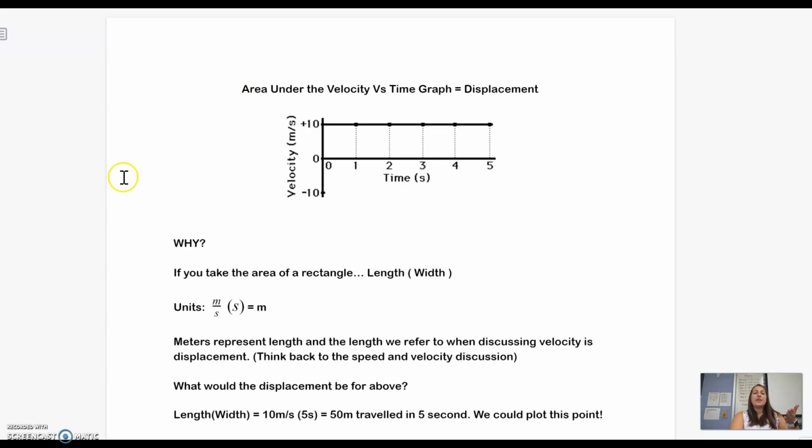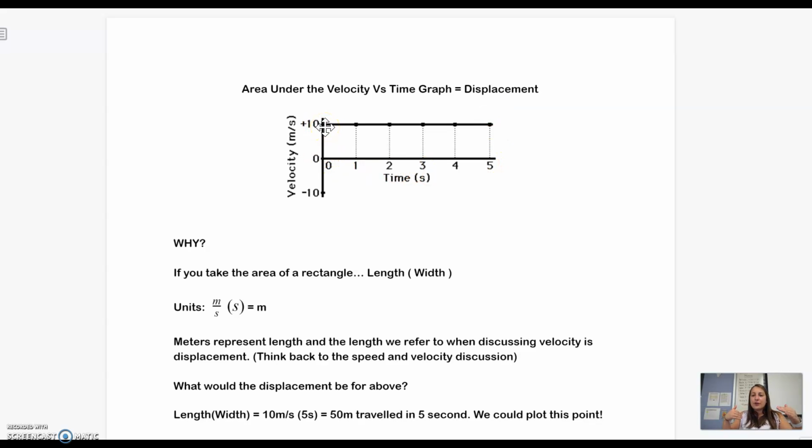So why is that? If you actually take the area of the rectangle, meaning length times width, what do the units tell us? Now, when I say area under the curve, this horizontal line is your curve. And then the area underneath it is to the x-axis, so making this rectangle.